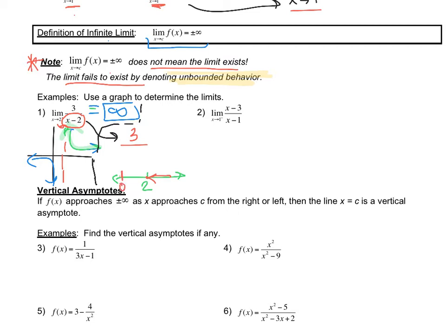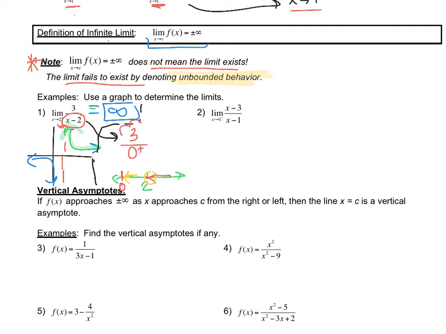So as x approaches 2 from the right, if I subtract 2 from that, then my new number is actually approaching 0 from the right. So here's how I write that. I write that as 0 and then a little plus sign.